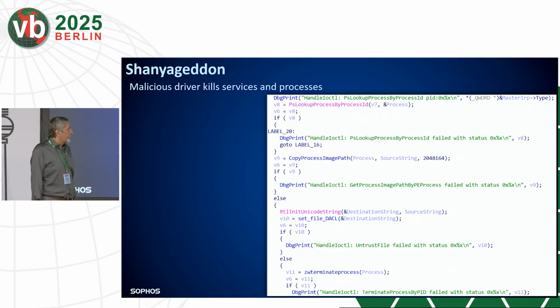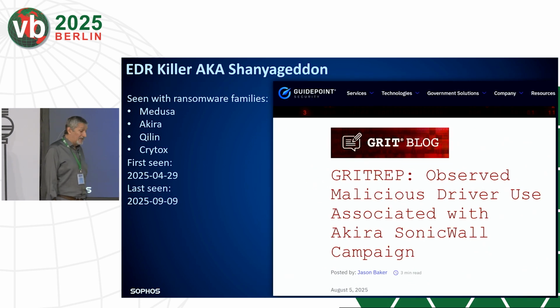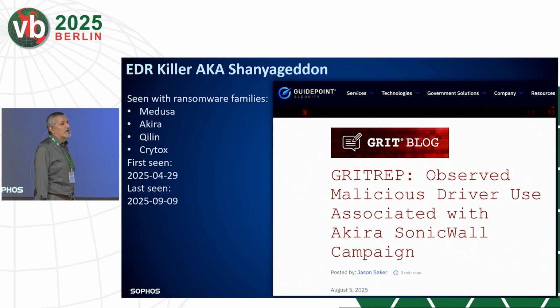In the ransomware incidents that we have seen, this Shanyageddon killer was used in a more limited way than in the case of Scorch-Sharp. Medusa, Akira, Killin, and Kritox ransomware were using it.